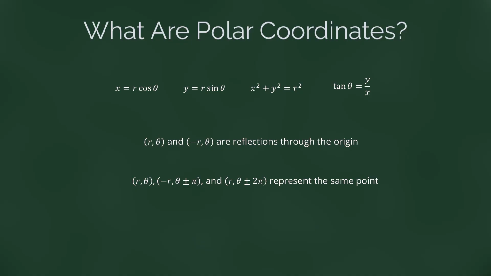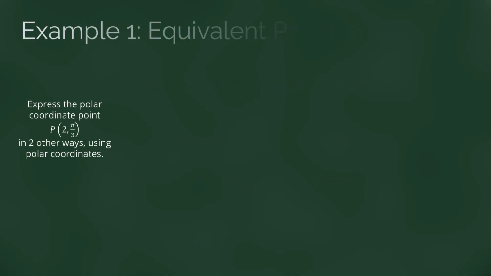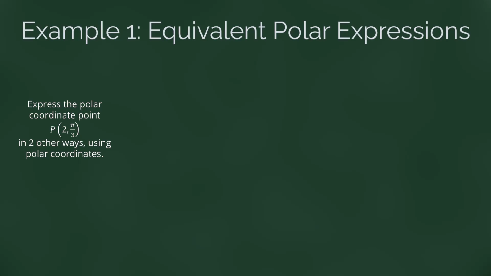We'll use these relationships now to look at a few examples. Let's see if we can use the rules we just talked about in order to rewrite the point P (2, pi over 3), which is given in polar coordinates, in two other ways.